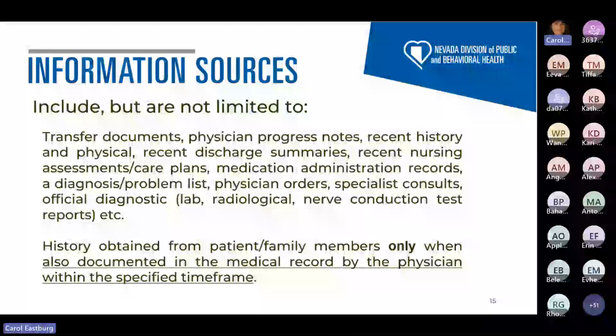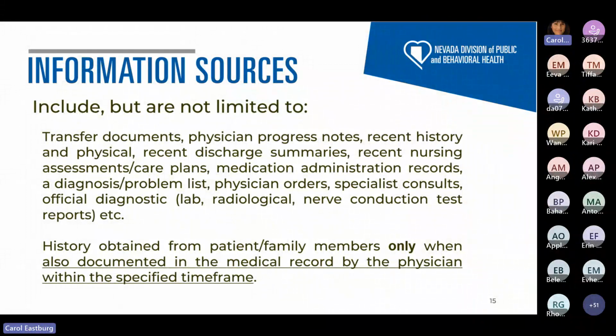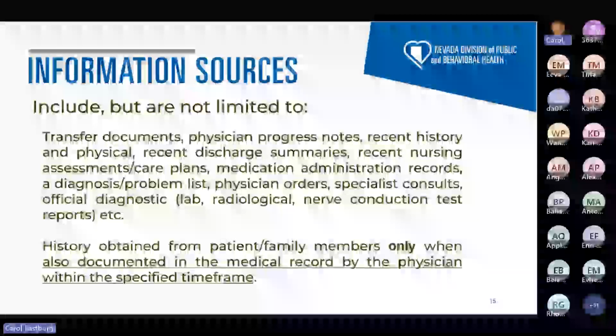All right. Information sources include, but are not limited to, everything on this list. However, the list is not meant to be exhaustive, but it is a good start for all the documents that would evidence diagnoses and the documentation to be able to code them as active.